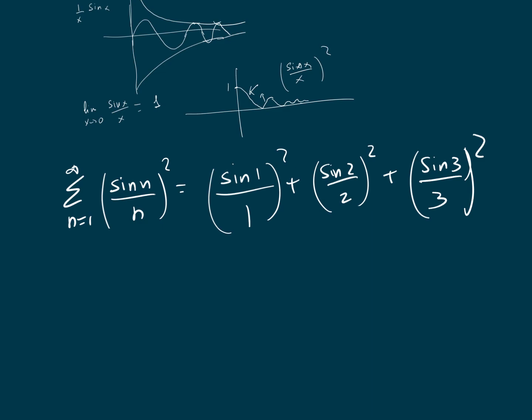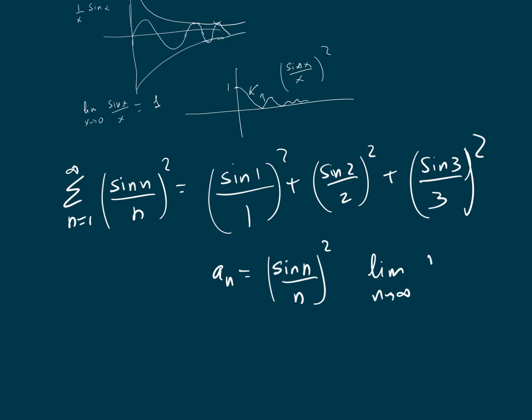If I think about the divergence test, I will look at the a sub n term, sine of n divided by n squared, and take the limit when n goes to infinity. If this limit of a sub n doesn't go to 0, the series diverges.